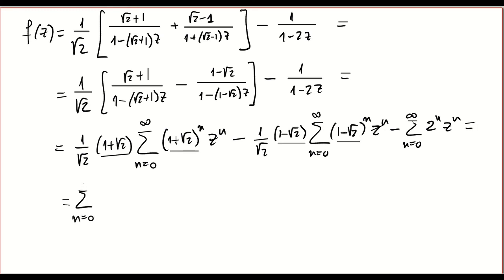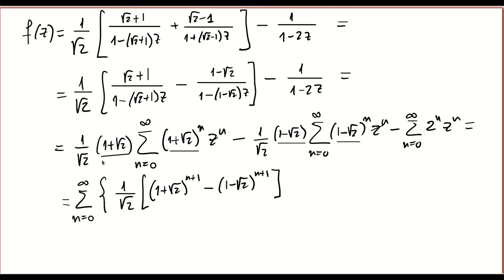The sum from 0 to infinity, and then I have 1 over square root 2, which is a common factor, of this to the power n plus 1, because I'm multiplying this by that, right? Then minus this 1 minus square root 2 to the power n plus 1, again because I have this and this. Everything gets multiplied by 1 over square root 2, and then I have minus 2 to the n, and everything is multiplied by z to the n.